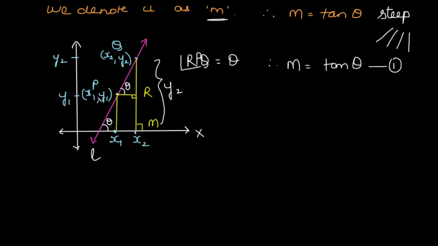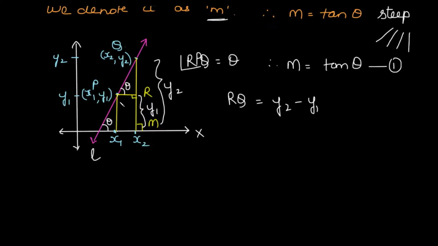Similarly, the y coordinate of point P is y1, so this much distance is y1. If this distance is y2 and this is y1, what is RQ? Obviously RQ, or QR, will be y2 minus y1. Understand that RQ is equal to y2 minus y1.